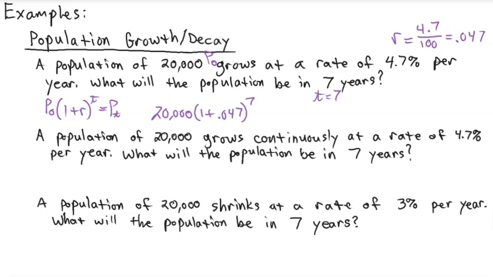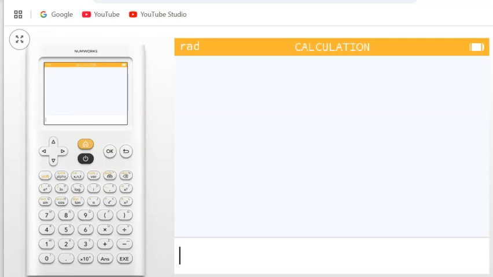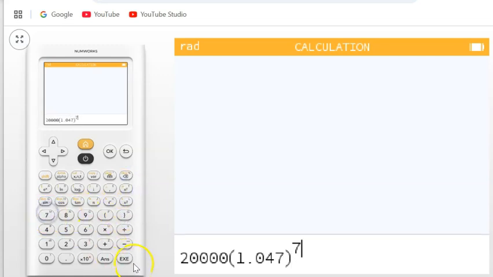Then I add these together and we wind up with 20,000 times 1.047 to the power of 7. Now all we have to do is put this in a calculator: 20,000 times 1.047 to the power of 7, and press enter.